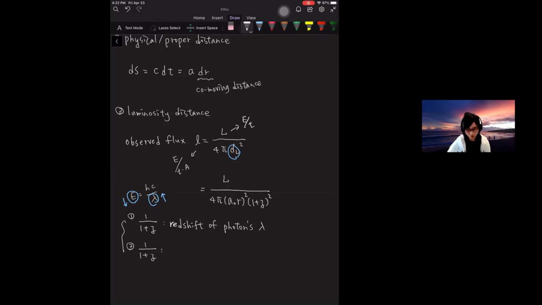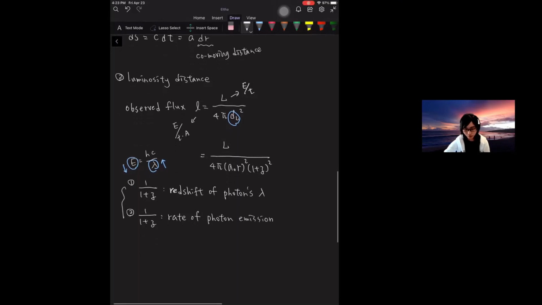Because the universe is expanding, the photon emission rate will be reduced. The emission rate will be lower than in a static universe. So this other factor is because of the rate of photon emission.